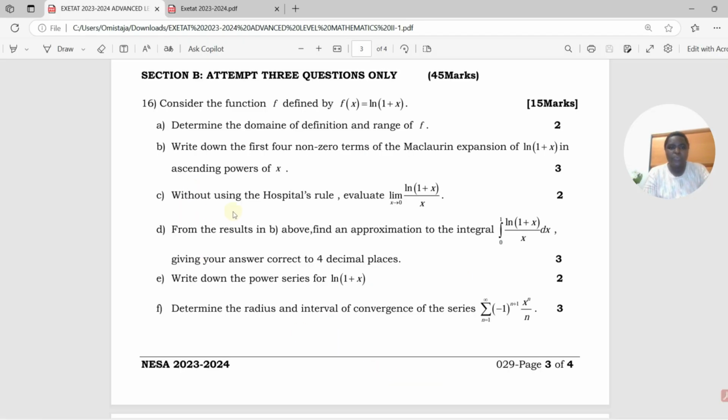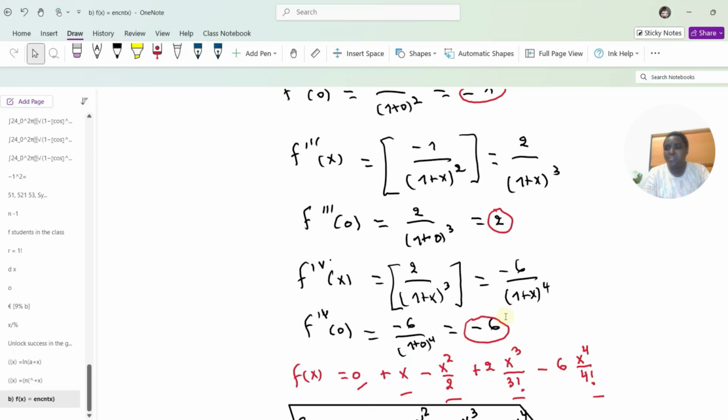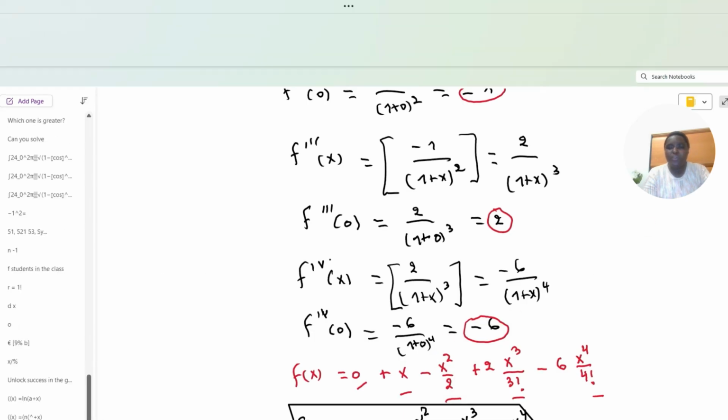Next, in C, we are asked to evaluate the limit of this function. This is the ln of 1 plus x over x, our function f of x over x when x tends to 0, without using hospital rule. Okay, so we already know the Taylor expansion of our function.